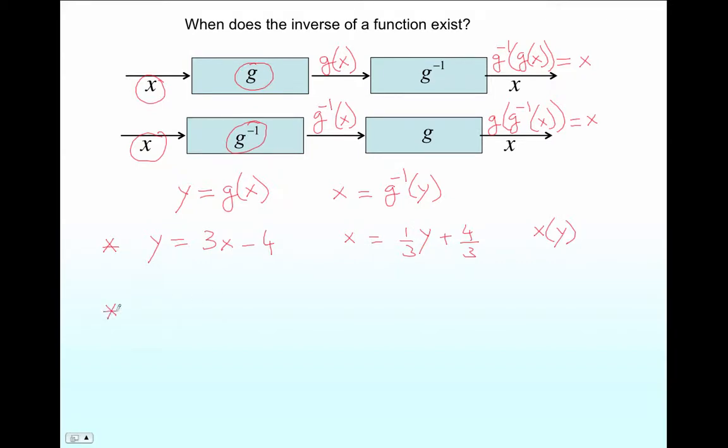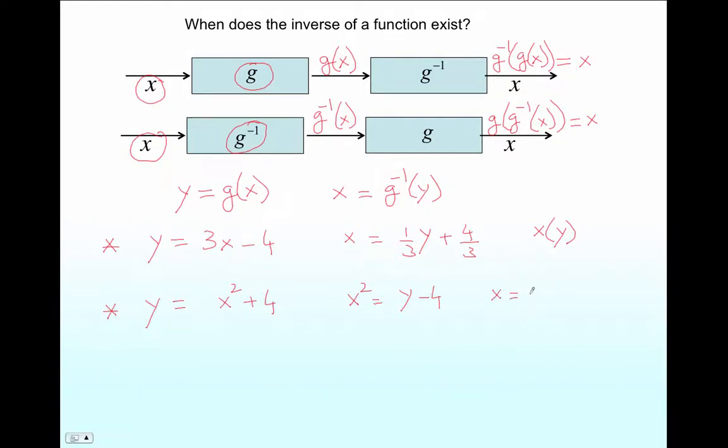Now, that was clear enough, but what if we have something like this? y is equal to, let's say, x squared plus 4. Well, in that case, we have x squared equal to y minus 4. And now you see that there are two possibilities.